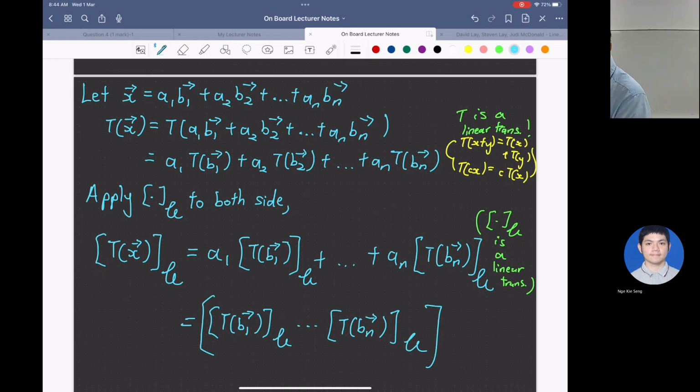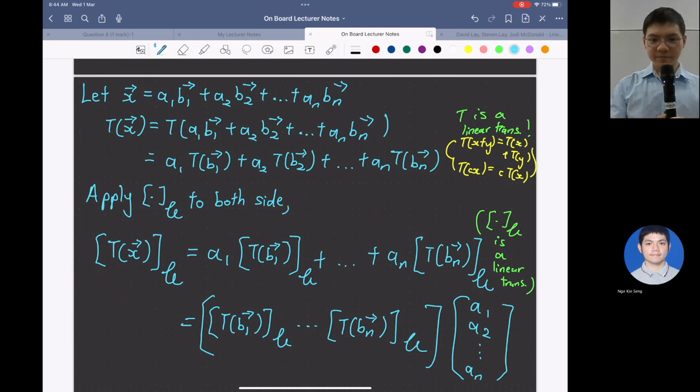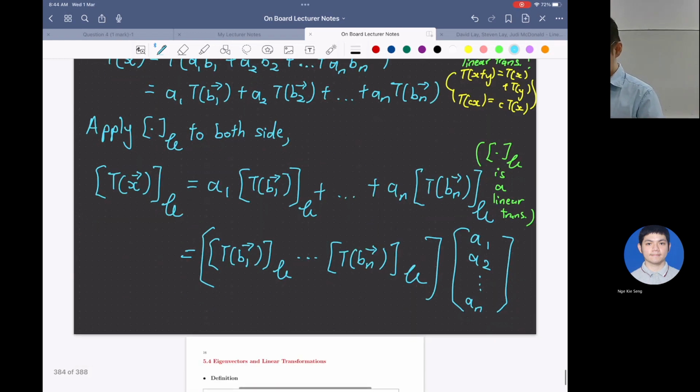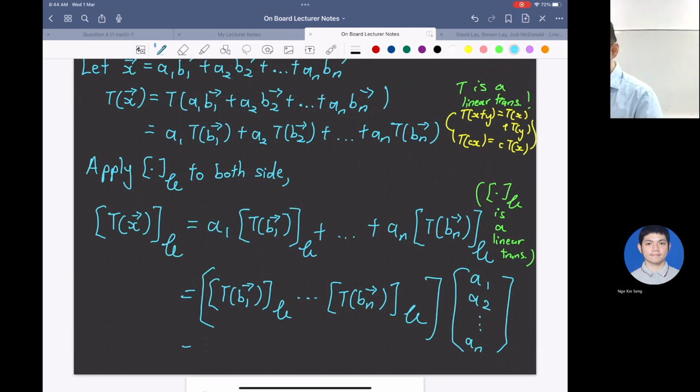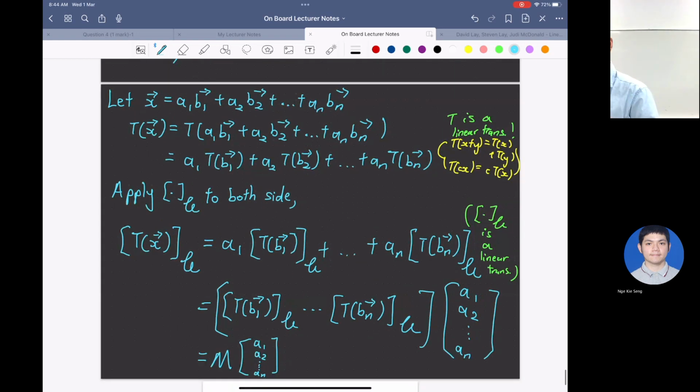Here we got a1, a2 up to an. Vector equation, matrix equation. Then this is the thing that we call M. Let's see, is this doing what we want it to do?